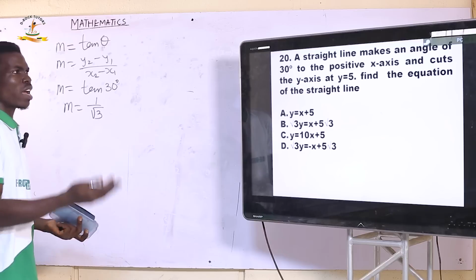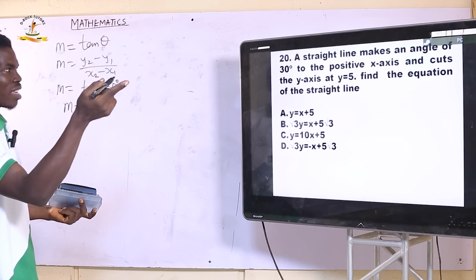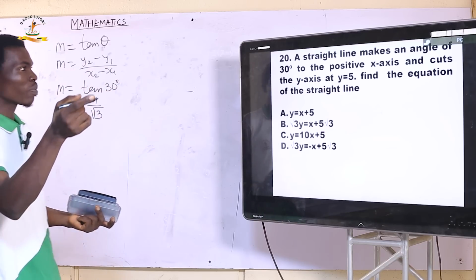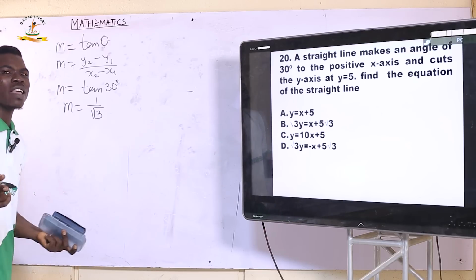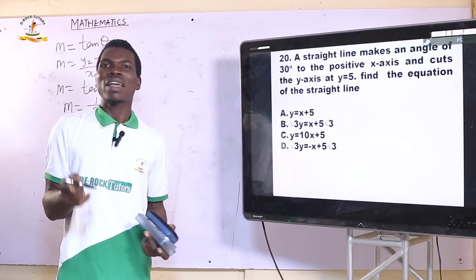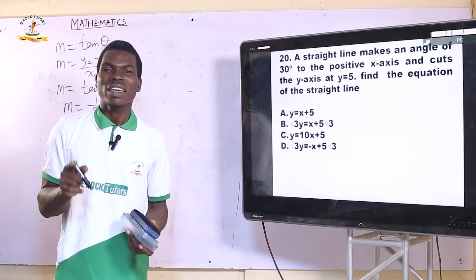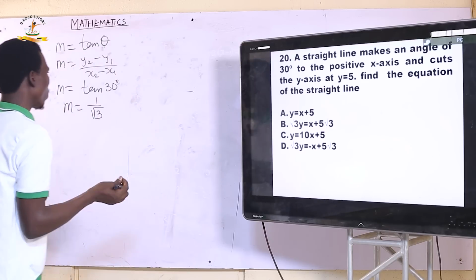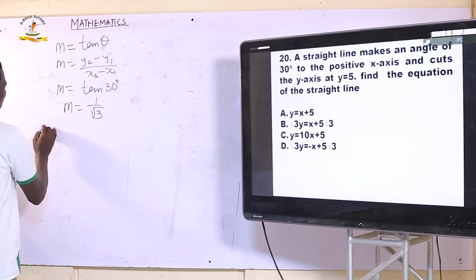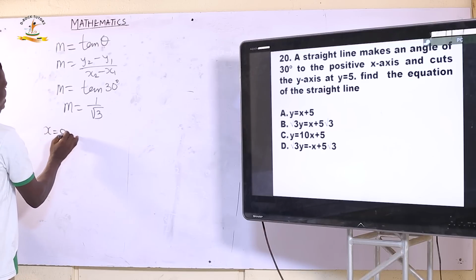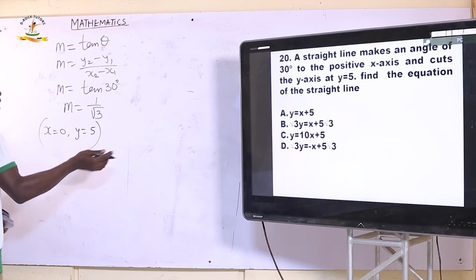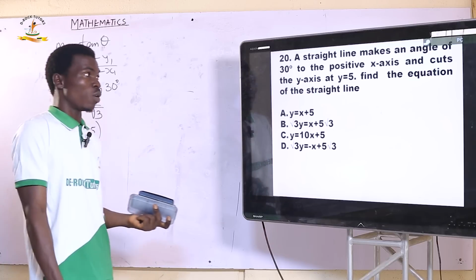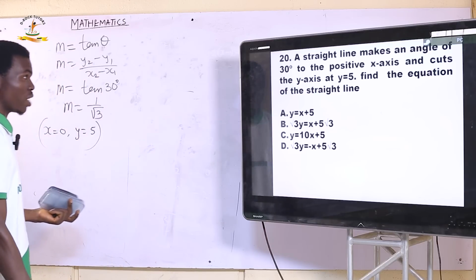However, we're told that it cuts the y-axis at y equals 5. Anytime a straight line cuts your y-axis, at that point your x is equal to 0. So literally from that question, I have that x is going to be 0 when y is going to be 5. That is the only thing we are going to make of that statement.